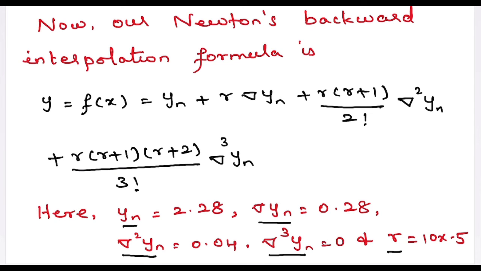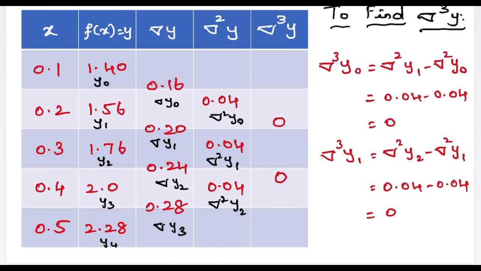Now, our Newton's backward interpolation formula is y is equal to f of x is equal to yn plus r into delta yn plus r into r plus 1 by 2 factorial delta square yn plus r into r plus 1 into r plus 2 by 3 factorial delta cube yn. Here yn is equal to 2.28.